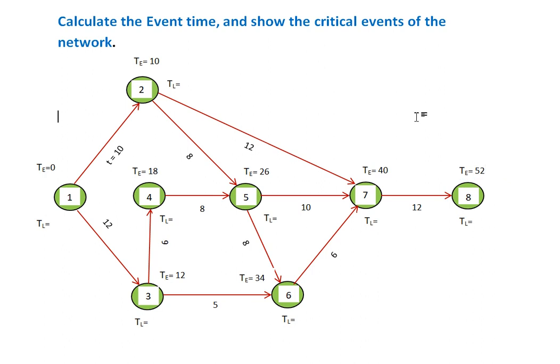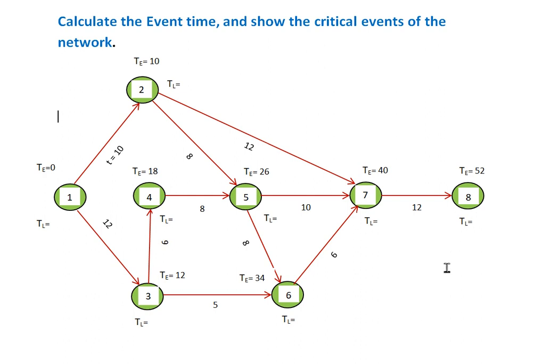Now, that's how we need to calculate TE, the earliest event occurrence time. Now we need to calculate the latest allowable occurrence time. In that case we need to go in reverse direction, from event 8 to event 1.